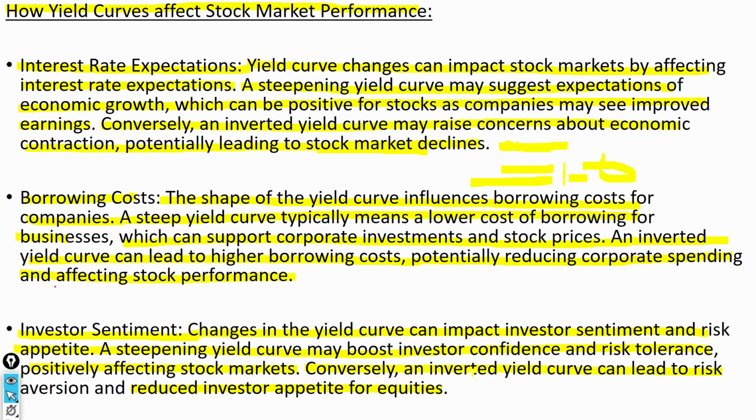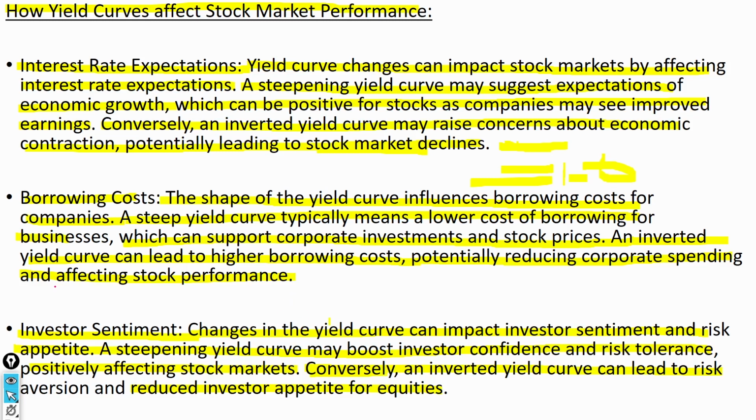When the yield curve is inverted, there is more money going into the bonds than into the stock market because bonds are considered the safest investments, and due to the very risky nature of the stock market, investors would rather invest in the bonds.